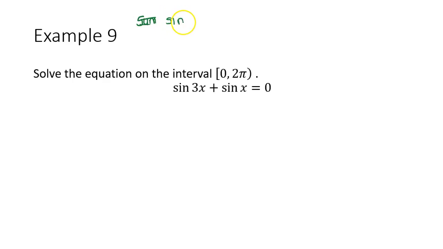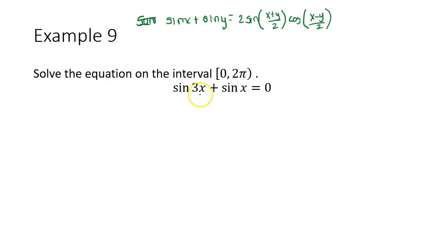the sine of an angle plus the sine of another angle is equal to 2 times the sine of the sum of the angles divided by 2 times the cosine of the difference of the angles divided by 2.